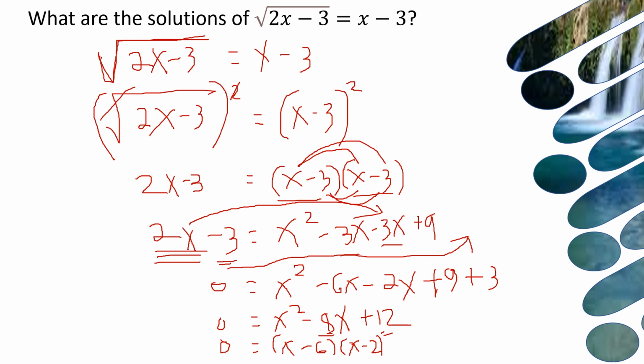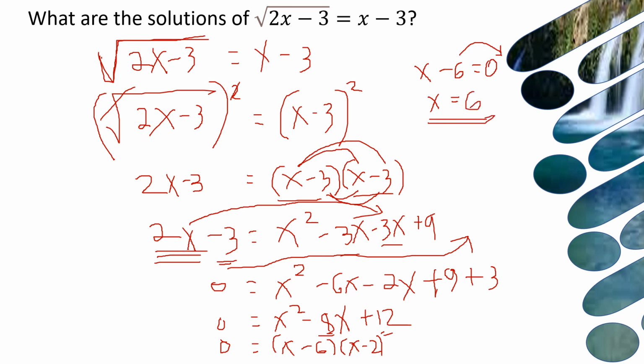By applying the zero product property, you have to equate each factor to 0. So the first factor is x minus 6. So we have to equate it to 0. And solving for x, you transpose 6 to the other side. You get x equals 6. So that's the first solution.